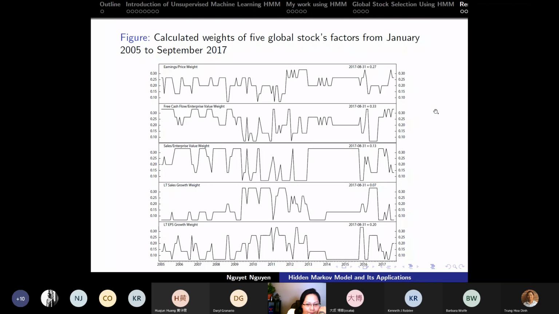Okay, so after we find the regimes of the 6 economic indicators, we will analyze each stock factor and assign the stock factors a weight. For example, if you look at the Apple stock, you may look at the 5%, for example, or earnings per share.